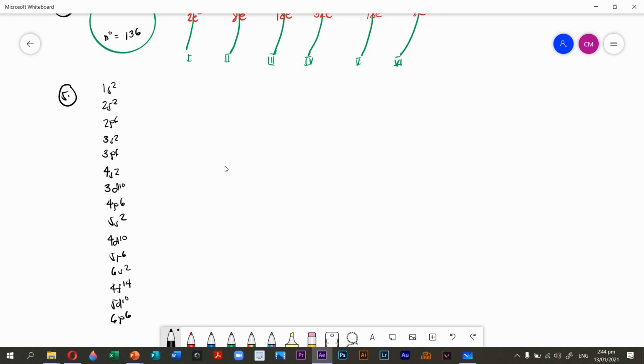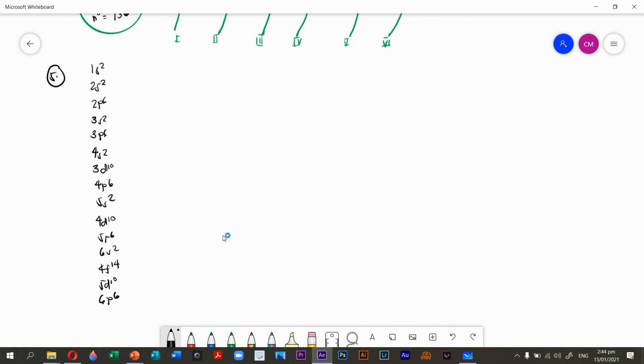Ayan siya. Okay, but let us confirm if tama yung mga kinopy natin. So 1s2, 2s2, 2p6, 3s2, 3p6, 4s2, 3d10, 4p6, 5s2, 4d10, and then we have 5p6, 6s2, 4f14, and then 5d10, and then 6p6.